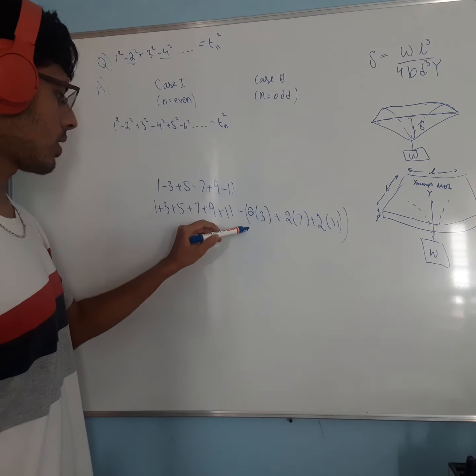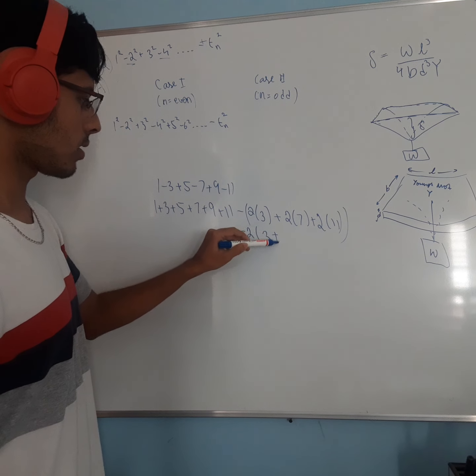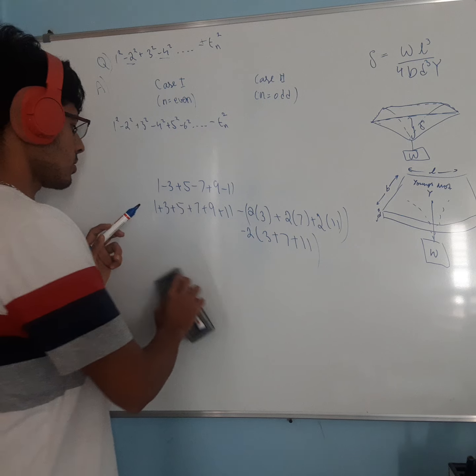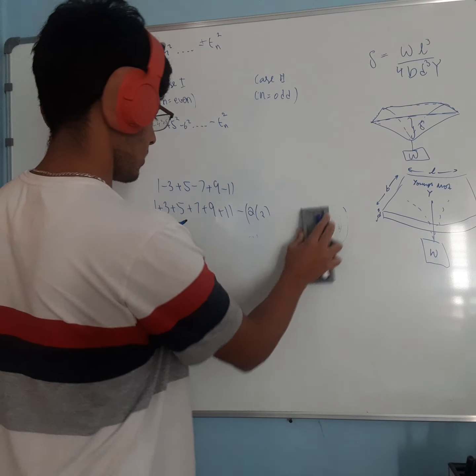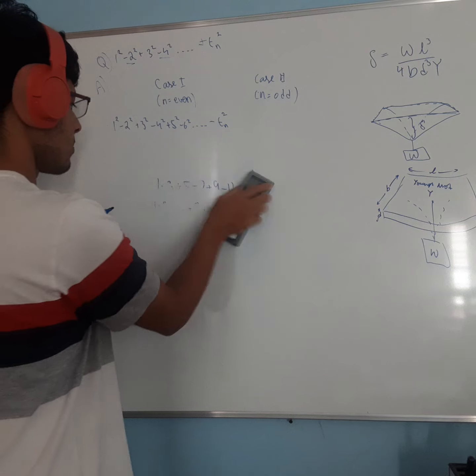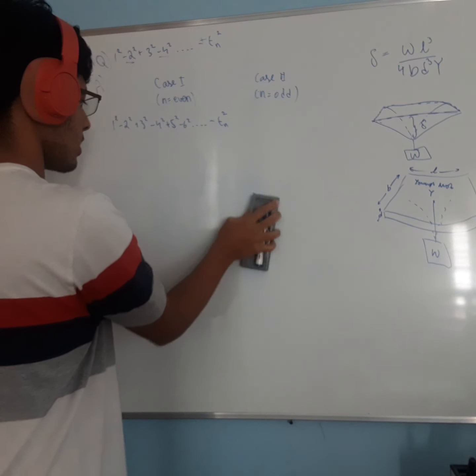So you can take a 2 common and you'll have 3 plus 7 plus 11. So something similar, I forgot a 5 there.